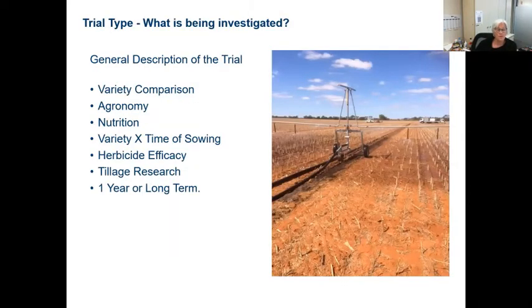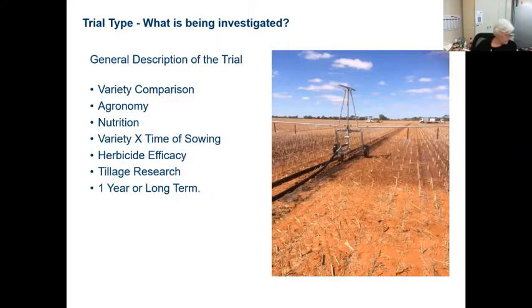Next slide. What sort of things need to be investigated? Within Andrew's talk, there are many things, such as the general description of the trial. Is it a variety comparison? Is it an agronomy trial? Is it a nutritional trial? Time of sowing, early? Is it a herbicide efficacy trial? Tillage research? Is it a one year trial, or a long-term trial over three years?